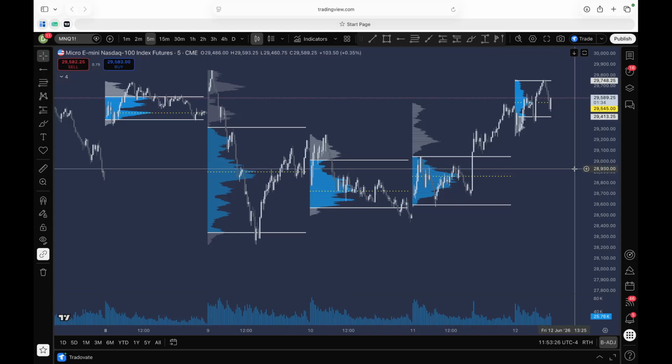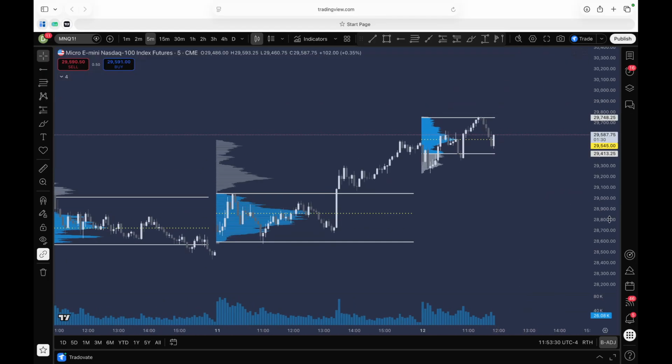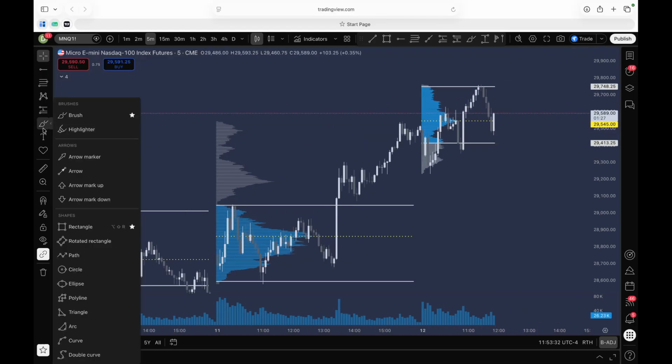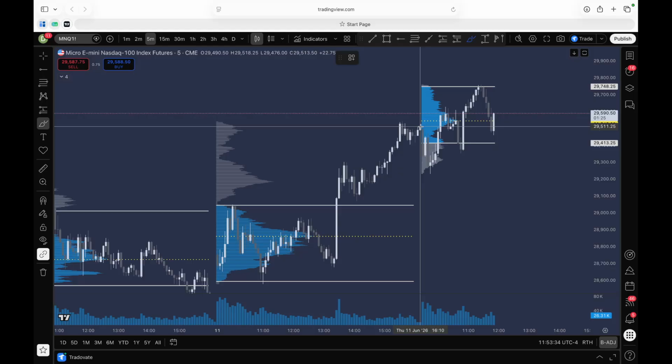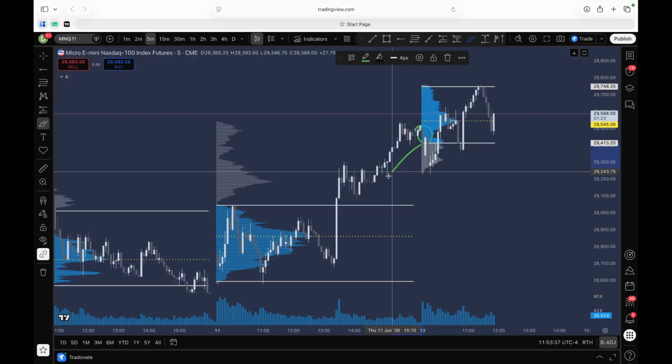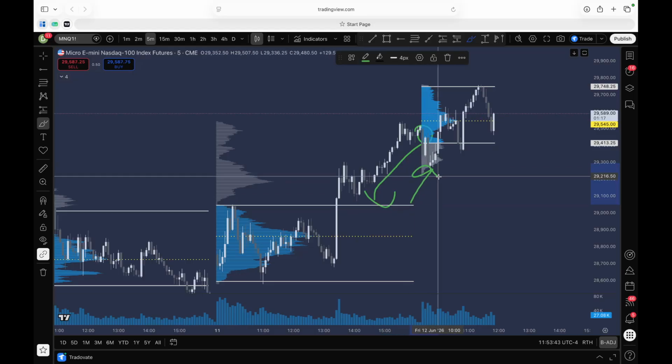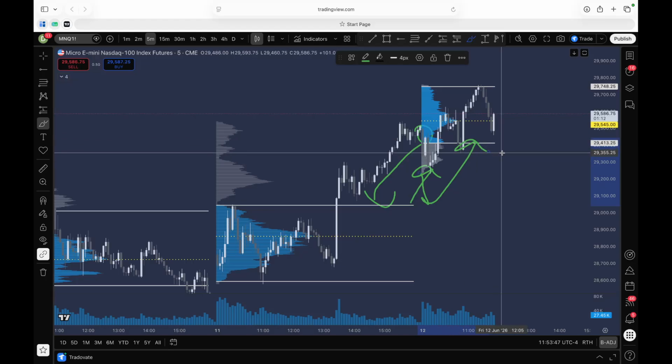So if we're going by auction market theory, essentially the theory is if price opens outside of yesterday's value, or the prior day's value, it is likely to stay outside of that value. Okay, it might retest it, but it's likely to stay out.